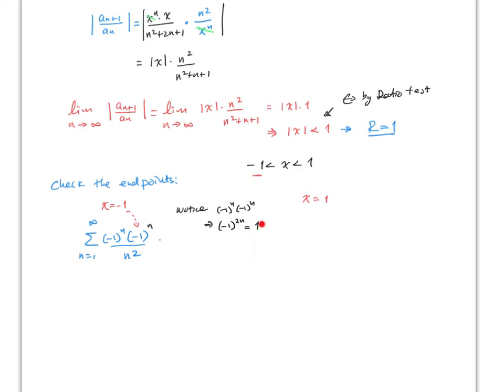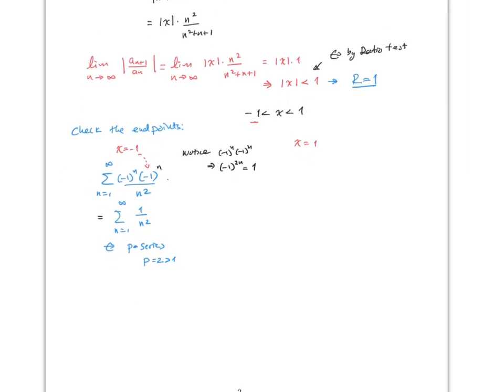So therefore, this is the same thing as the summation from n equals 1 to infinity of just 1 over n squared. And based on what we did before, this is convergent because this is a p series where p is equal to 2 and is more than 1. Okay, so that's that part.